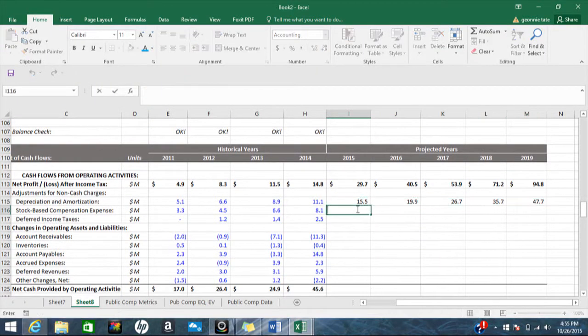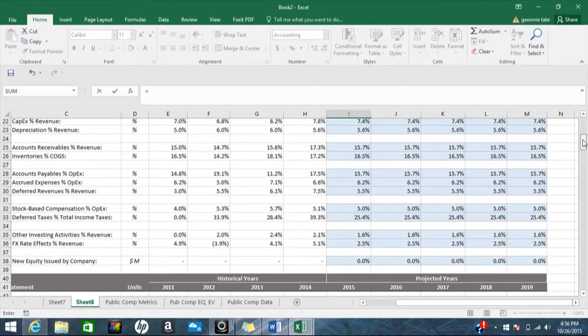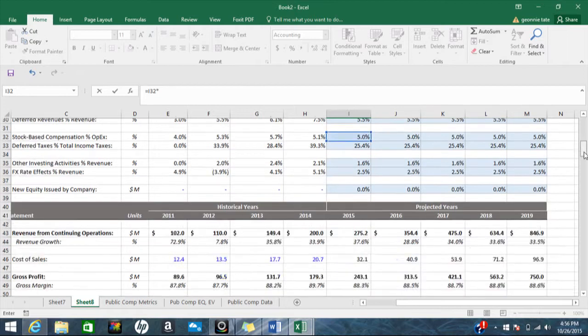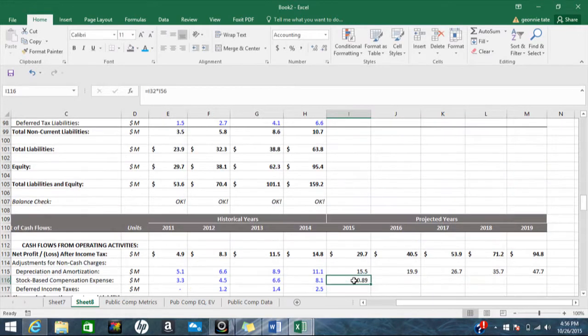And now for the stock-based compensation. I'll take this number. That's a percentage of the operating expenses. So I'm going to get that from here. I'm going to copy that over.